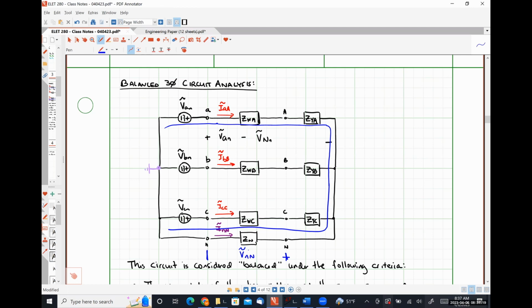I could write a similar loop for the B phase and a similar loop for the C phase.